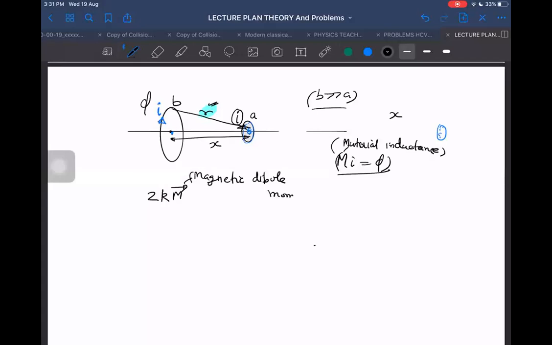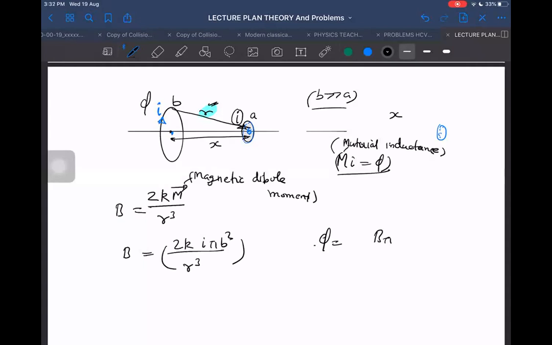I will not always write it, but I am using it this time. Do we write 2 here? Yes, 2K M by R cube, if you remember this formula for the field on the axis. But we have written it just once. Next time I will write I into pi b square upon R cube. That is B. What is the flux then?